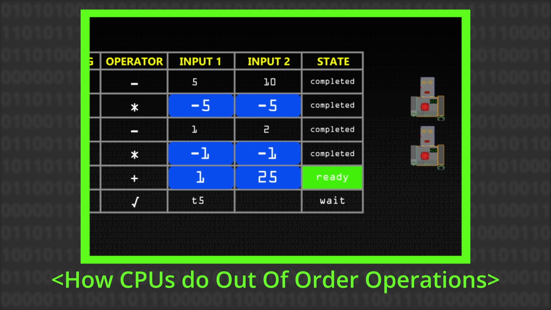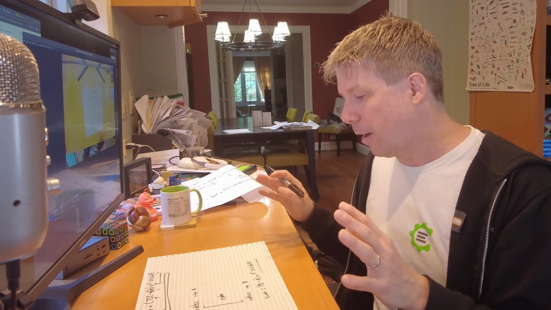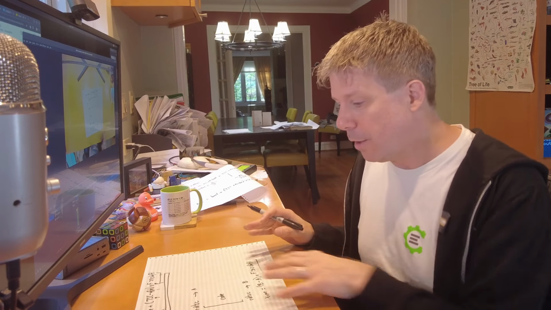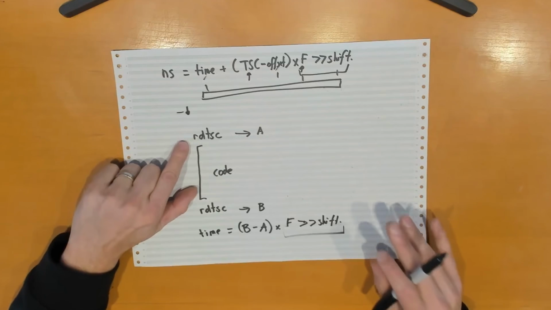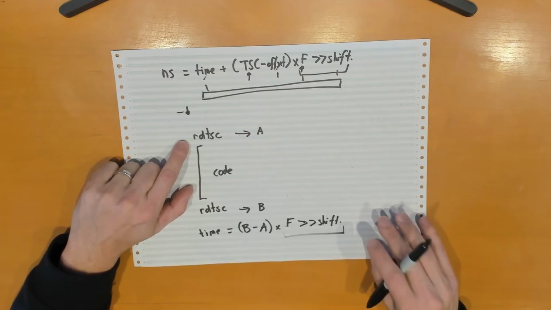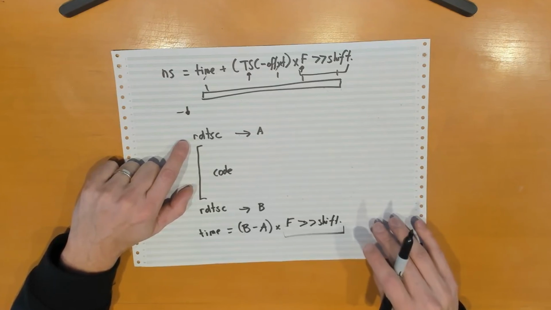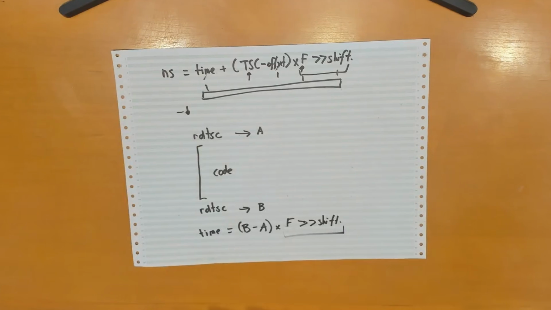Although I've drawn it nicely down here, the pipeline's filled with instructions, and we try and run the instructions that we can run because we know what their inputs are already, and their outputs are clear. Now, register renaming means the output's always clear, but what does a read timestamp count instruction depend on? What does it have to wait for before it can start running if we see it way in the future? It doesn't need anything, does it? It does not need anything.